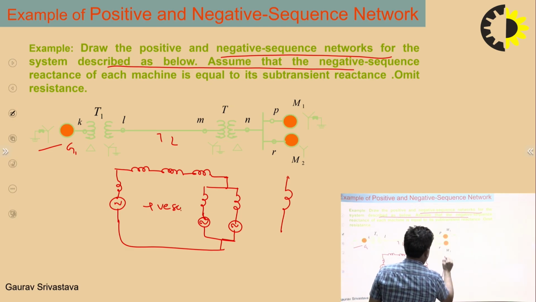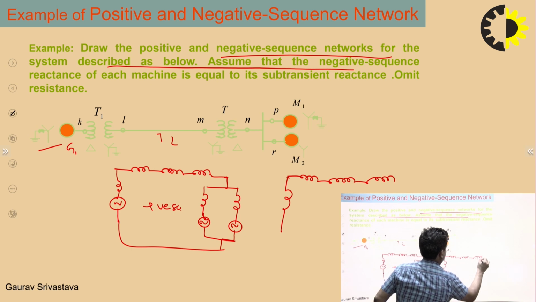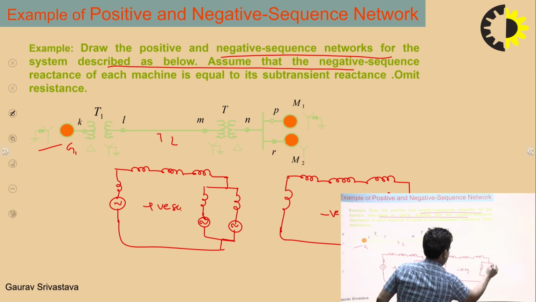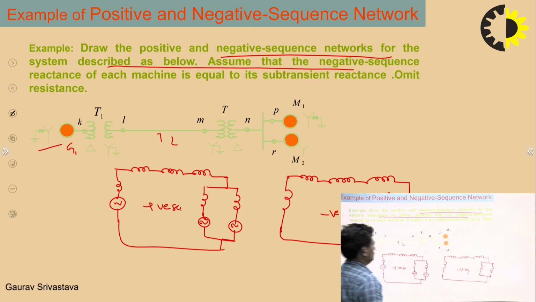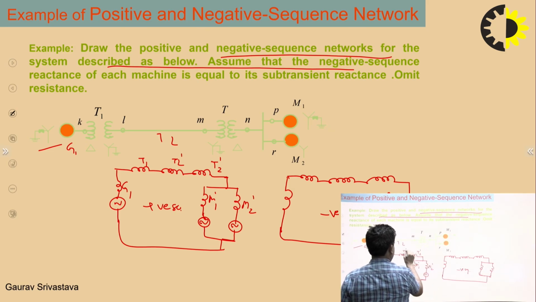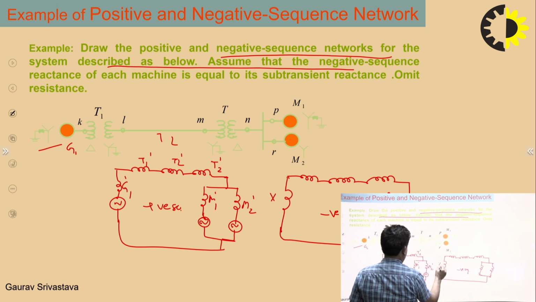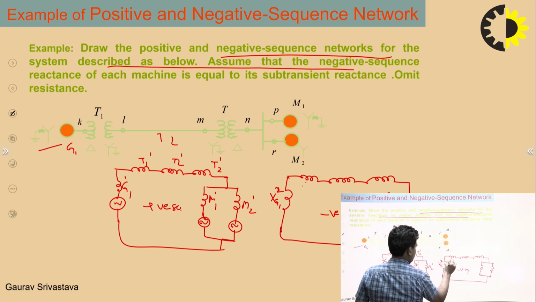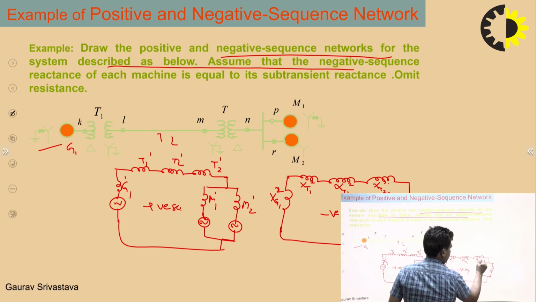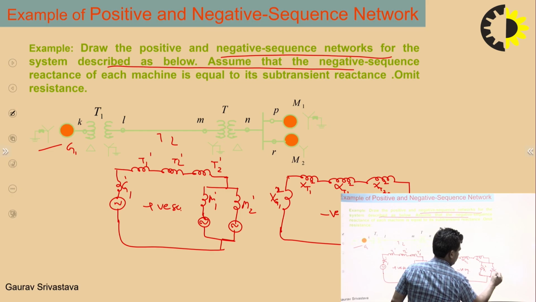You just write G1, T1, TL, T2, M1, M2 here, and you put dashes for the positive, which we have calculated. And G1, XT1, XTL, transformer T2, motor M1, motor M2.